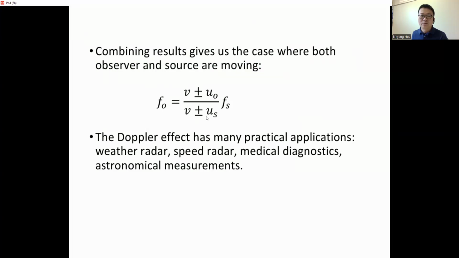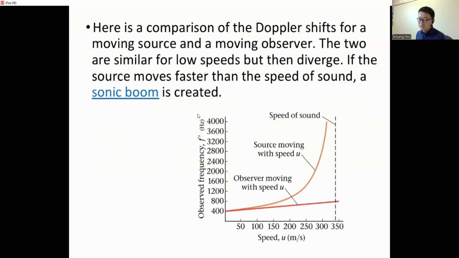So then this whole thing becomes very large. For the moving source approaching the speed of sound, the observer's frequency becomes very high. For the numerator, it doesn't matter; it just increases linearly. So when the speed of the source approaches the speed of sound, the frequency gets very big, and it actually creates a sound boom, which is called a sonic boom.